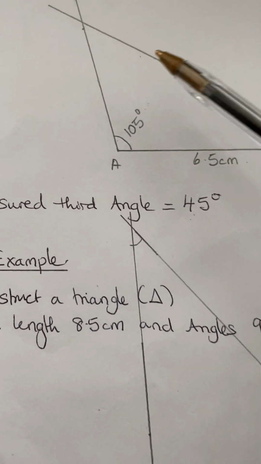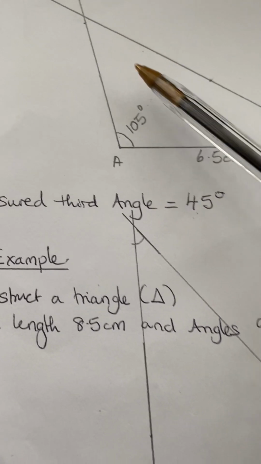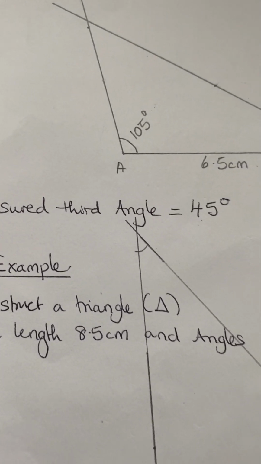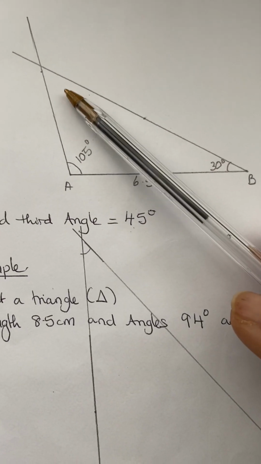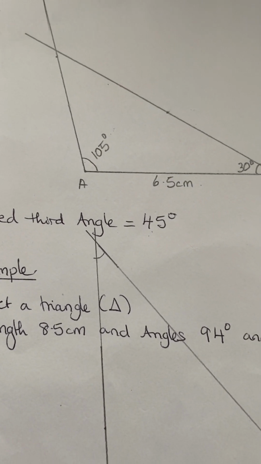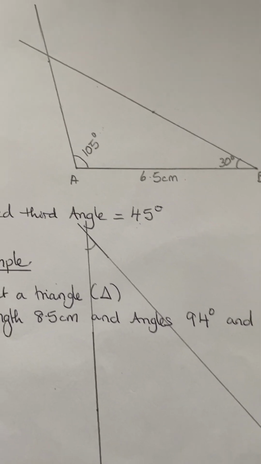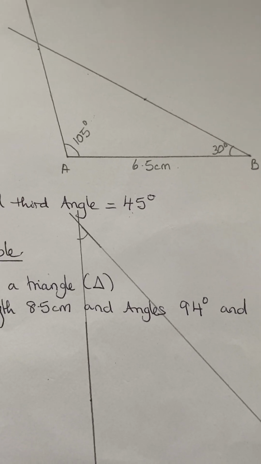Whoever came up with that knowledge did this over and over again and realized that if I have a triangle, the three angles should add up to 180. That is just what you are investigating.